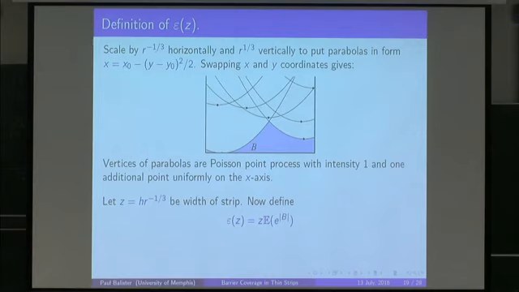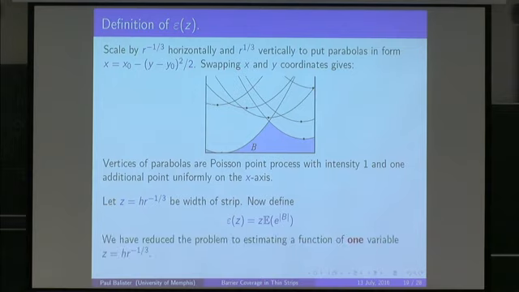And now I just define this epsilon function to be the expected value of e to that area, so the area below all the parabolas. Now I put an extra z factor in front. The reason for that is because it turns out to be convenient later. It makes the function look nicer, and that's really the only reason. So apart from a silly correction factor, this is basically just that last term, that expected value of this extra area that I can allow points to be in without messing up the break.